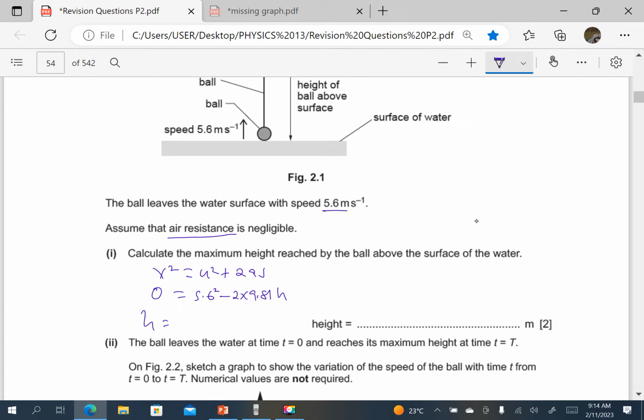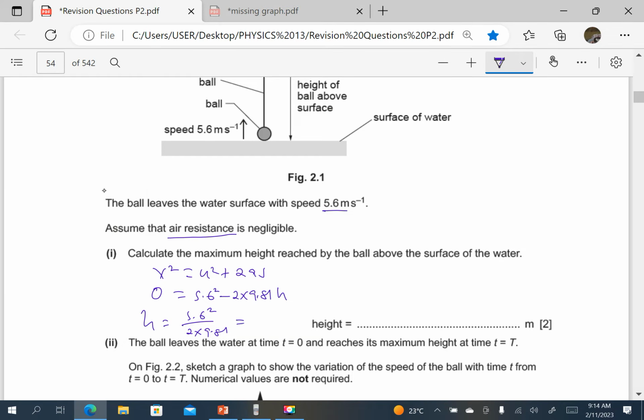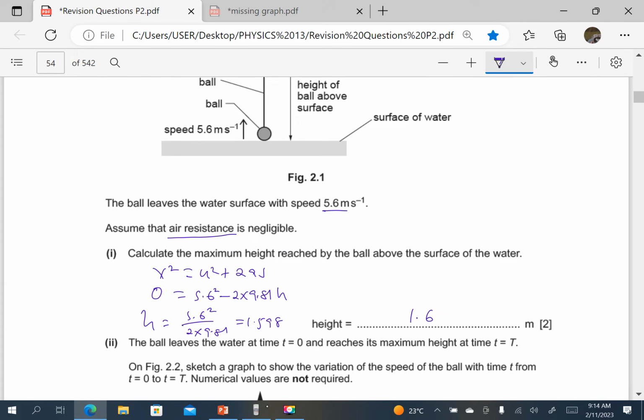So h is equal to 5.6 squared divided by 2 times 9.81, which is 1.598, approximately 1.6 meters. That is going to be the maximum height.